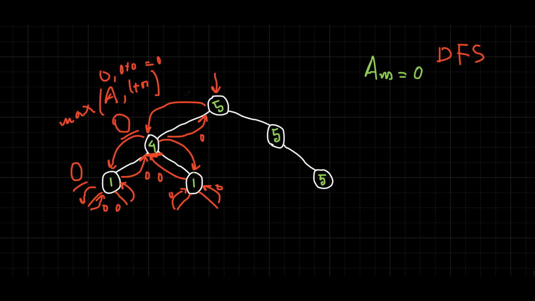Okay. Now, from 5, we will get to its child 5. From this 5, we will get to its child 5. And the left and right children of this 5 will return the value 0. But this 5 is exactly equal to its parent value, which is 5. So here, the answer will be the maximum of 0 and left plus right children, which is 0.